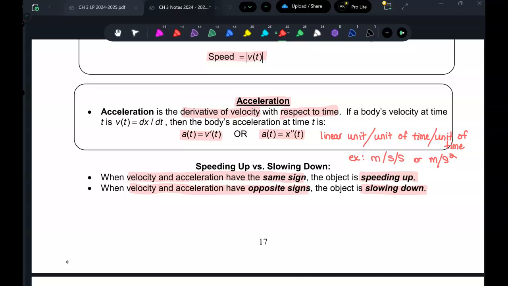As you throw the ball up, we know gravity is negative. So you have a positive velocity, negative acceleration, and your ball is slowing down until it hits maximum height. And then when it starts going back down to the ground, we have negative velocity, negative acceleration. It is speeding up towards the ground. Okay, good.